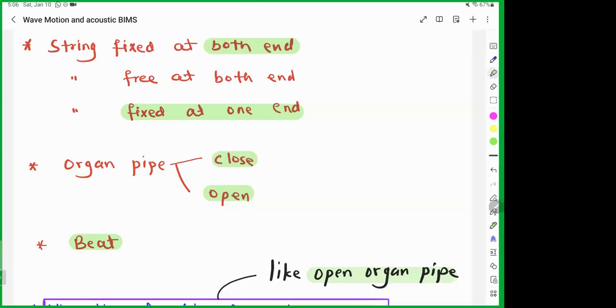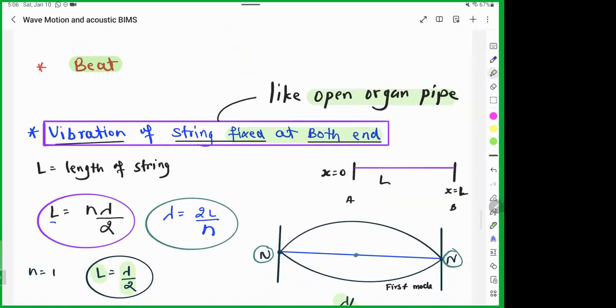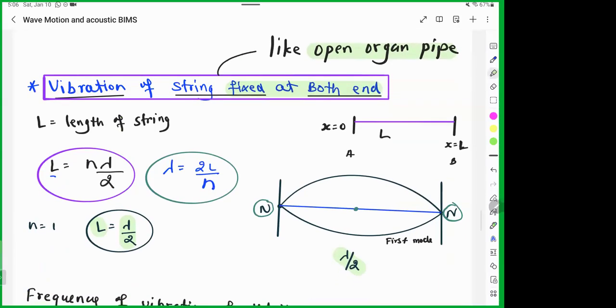How do you guys feel in this chapter, in this topic, when both ends are closed, open organ pipe and all this stuff? Anvita, I didn't get your question. How do you feel in this chapter? It's fine.